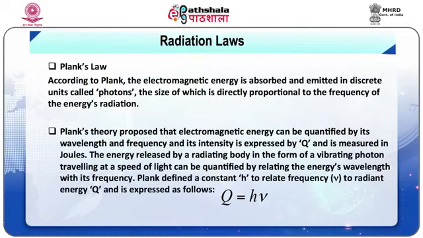Planck defined a constant h to relate frequency nu to radiant energy capital Q and is expressed as follows: Q equals h times nu.